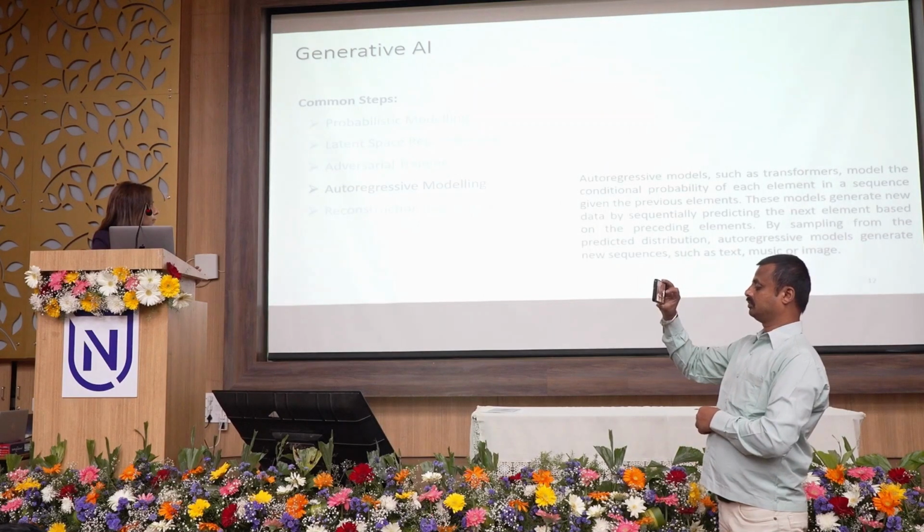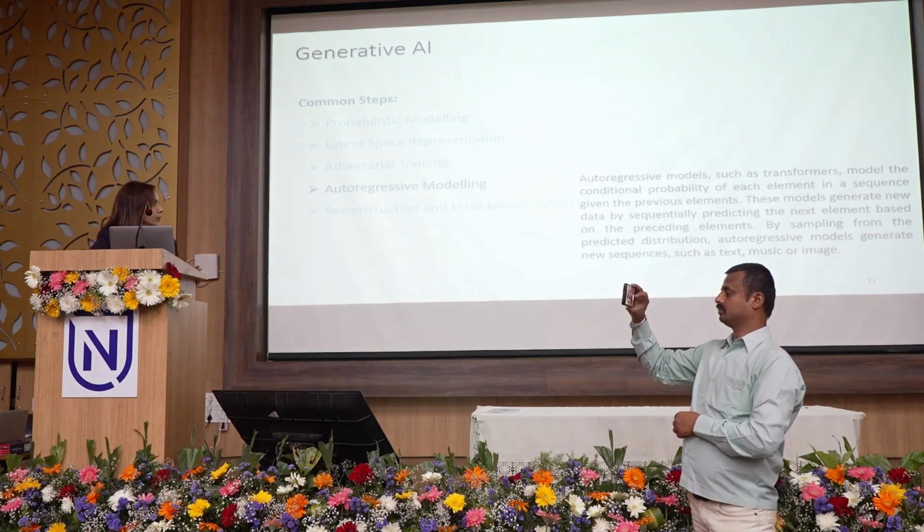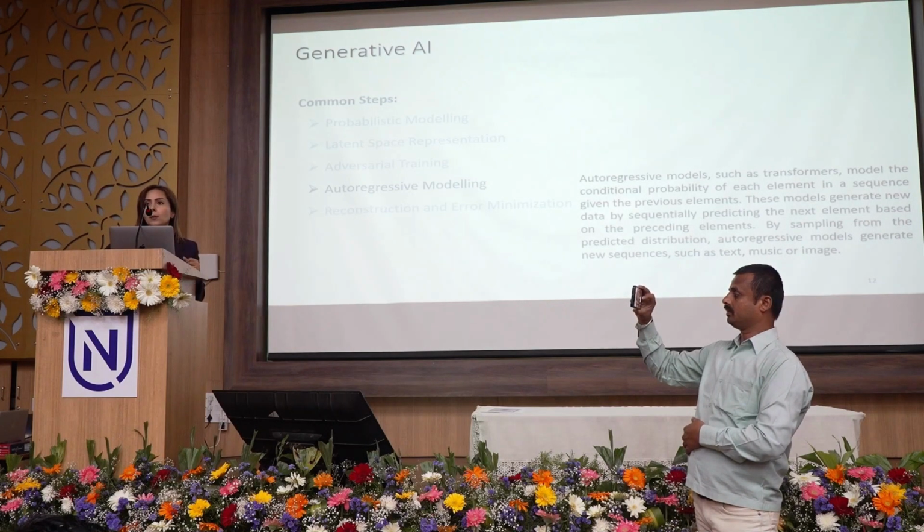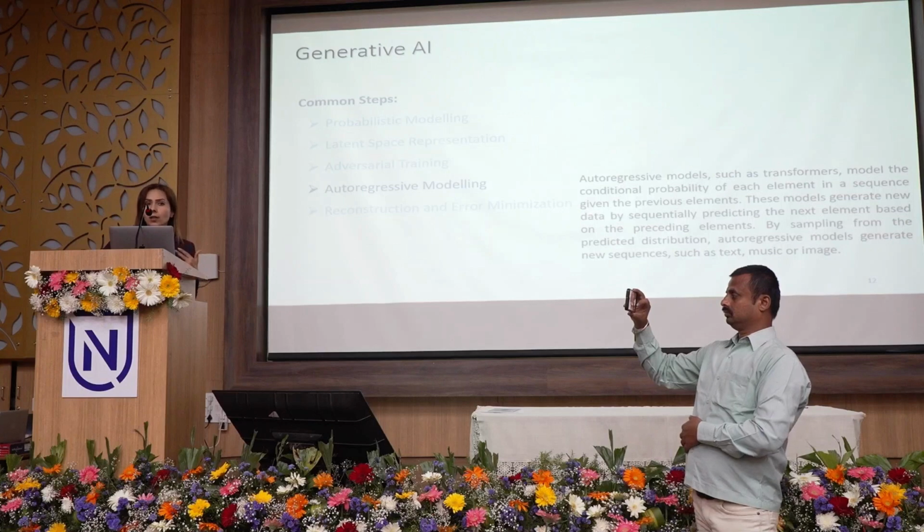And then the next step is autoregressive modeling. Autoregressive models, such as the transformers that I showed you, work based on that simple theory that I explained. Remember that I explained that we take the text and corrupt it by masking some words and then give it to neural networks to reconstruct it, right?